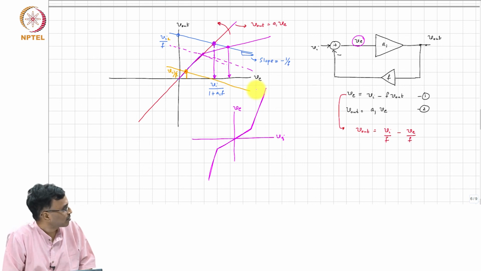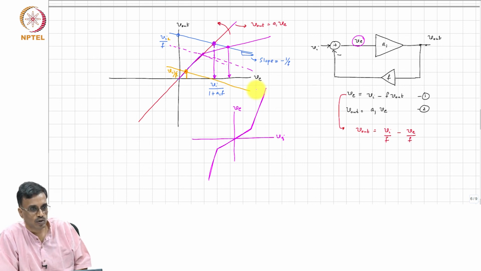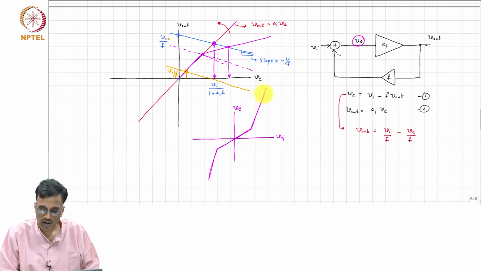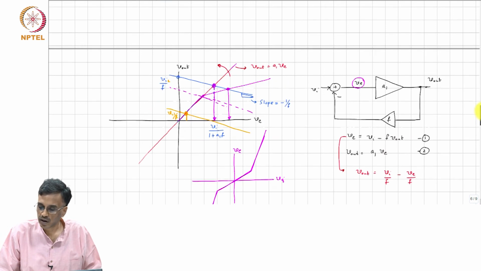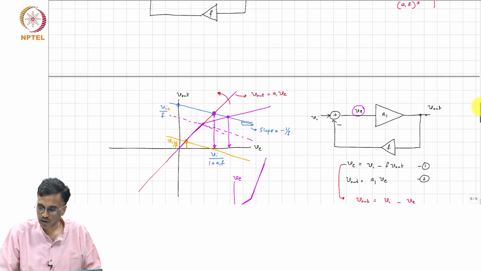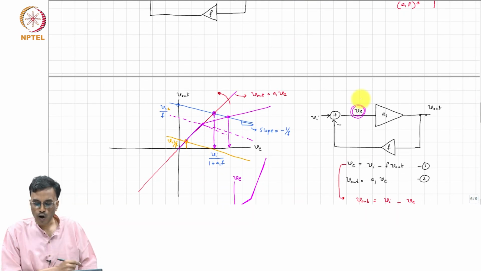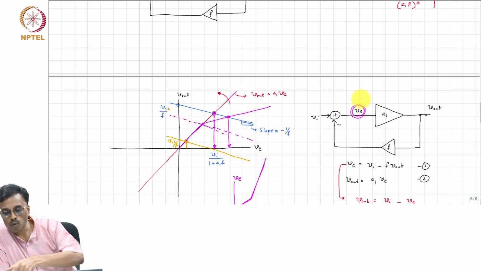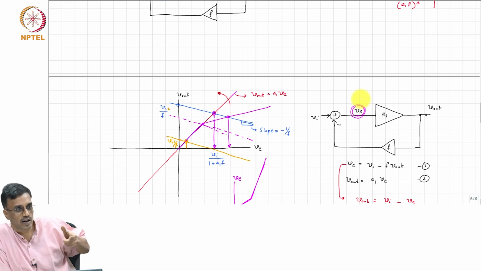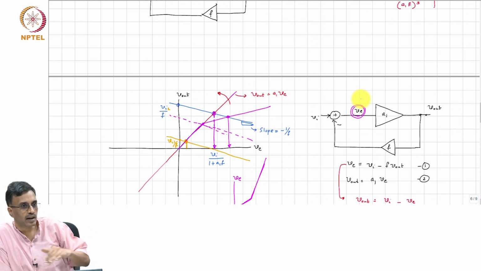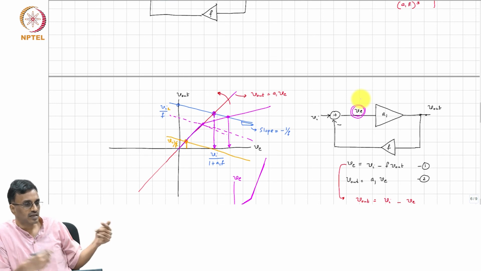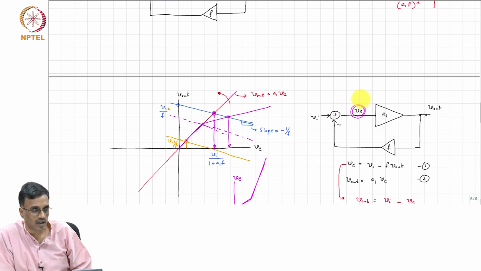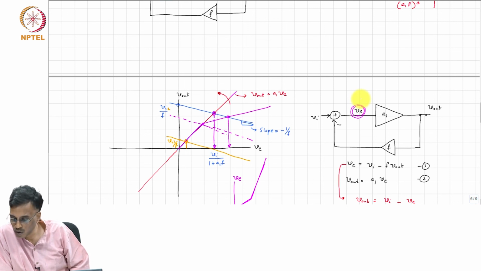Of course, it can only work if the loop gain becomes close to infinity. So, it tries its best. In other words, this error voltage is not merely equal to V out by A1. It also has a component which is pre-distorted to try and undo the nonlinearity of the amplifier, because it is trying to make V out times F equal to Vi.